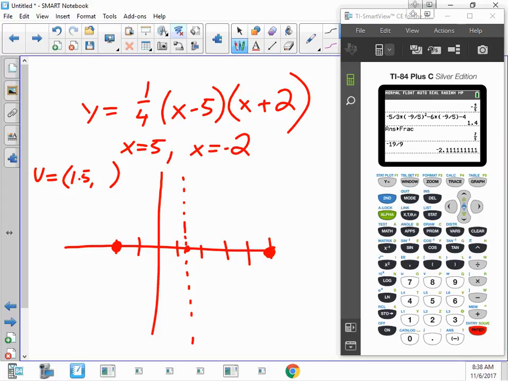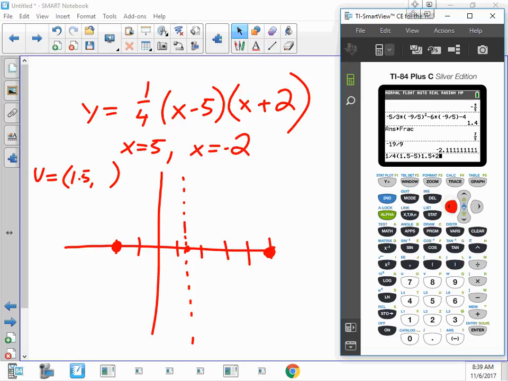Now I need to plug 1.5 into the equation and figure out where the y value is. So 1 divided by 4 times 1.5 minus 5 times 1.5 plus 2. Oh, I missed a parenthesis.